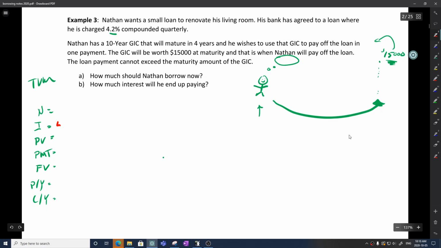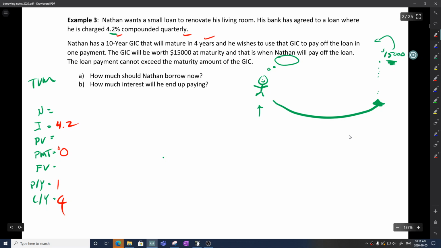I'm just going to go through this. My loan is compounded quarterly, so that's 4. Now the payments I'm going to be making, well, I'm not going to be making any regular payments. I'm going to be paying it off in a lump sum. So when my payments are 0, that automatically defaults to my payments per year is 1.